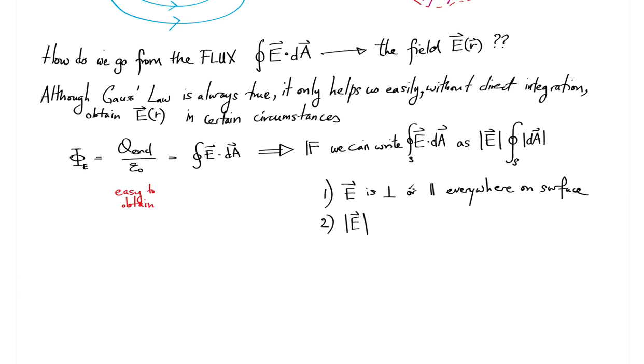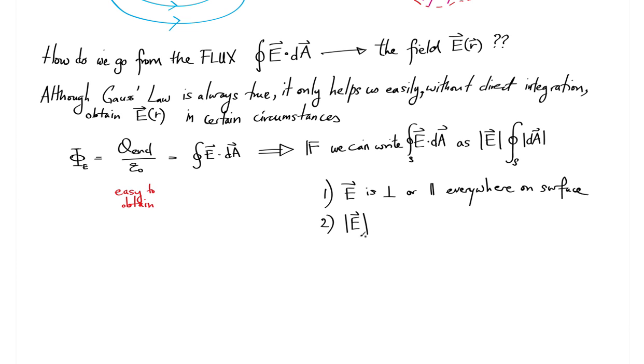If the electric field is changing its direction everywhere with respect to the normal vector on the surface, then that's kind of hard to evaluate. But if the electric field is exactly parallel or exactly perpendicular everywhere on the surface, if it's exactly perpendicular, E dot dA is just basically E times dA, because the vectors are basically parallel. If E is parallel to the surface, that means the normal vector is perpendicular. E dot dA is 0. Okay.